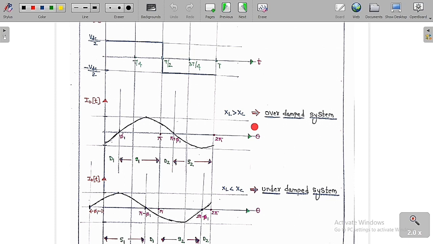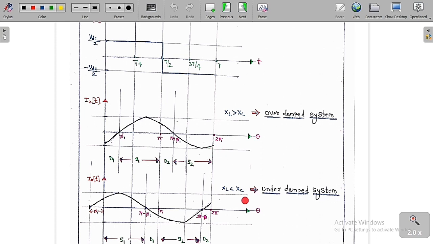Therefore the current is going to lag the supply voltage. It is a lagging current, and it is sinusoidal, because if you give a pure DC to an RLC circuit, we are going to get nearly a sinusoidal curve.